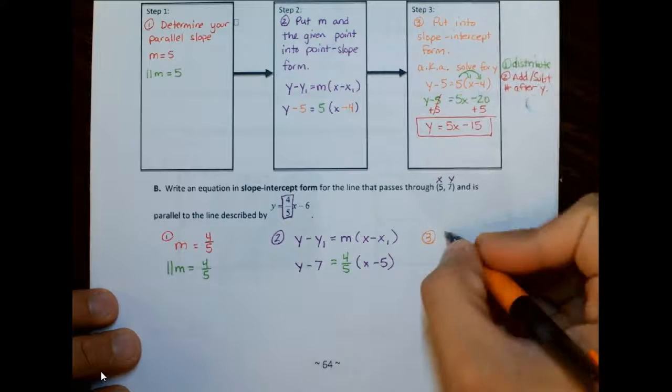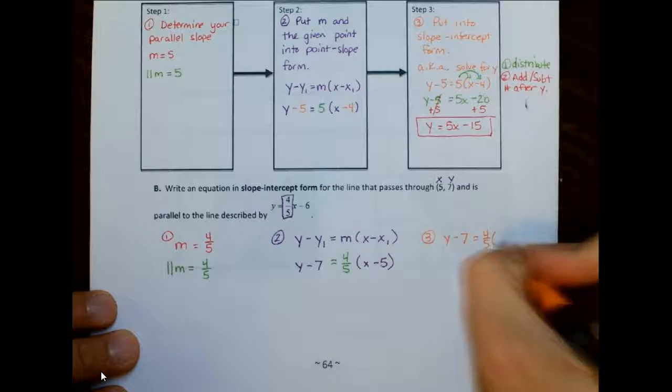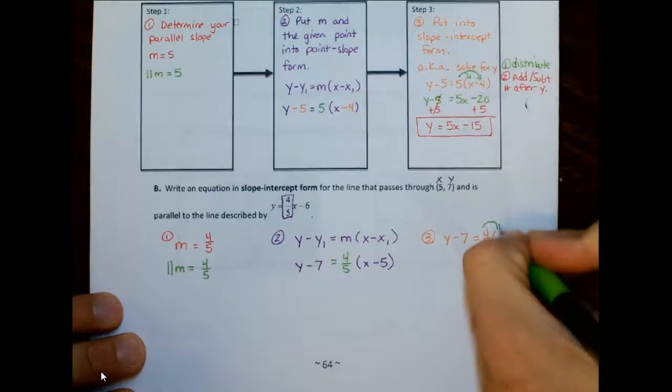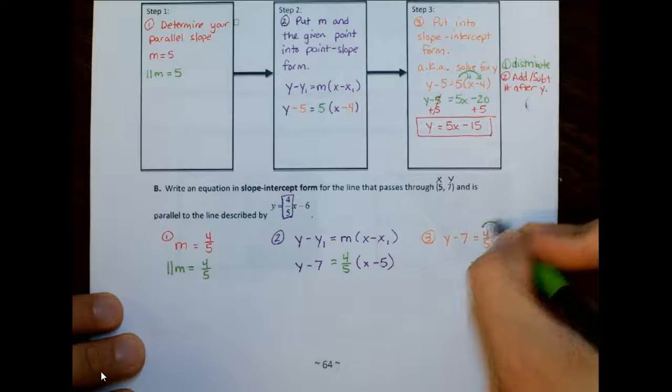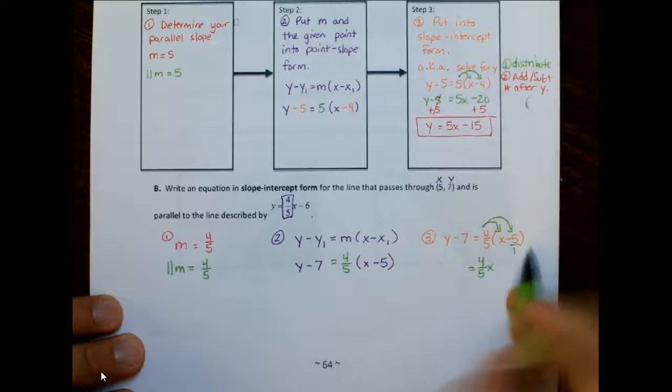So I'm going to take that equation, y minus 7 equals 4/5 times the quantity x minus 5. And the first thing that I want to do is distribute. So 4/5 times x is 4/5 x. 4/5 times negative 5. 5 as a fraction is 5 over 1.